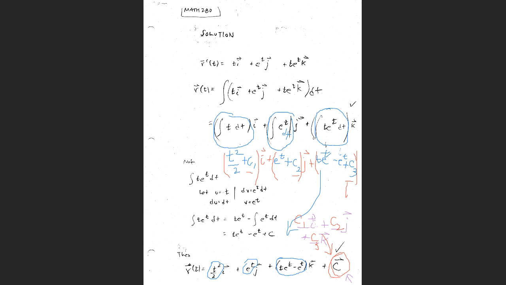This is multiplying the k vector, by the way. All right, is this okay? This is C3 here. Please let me know if you're uncomfortable with that.